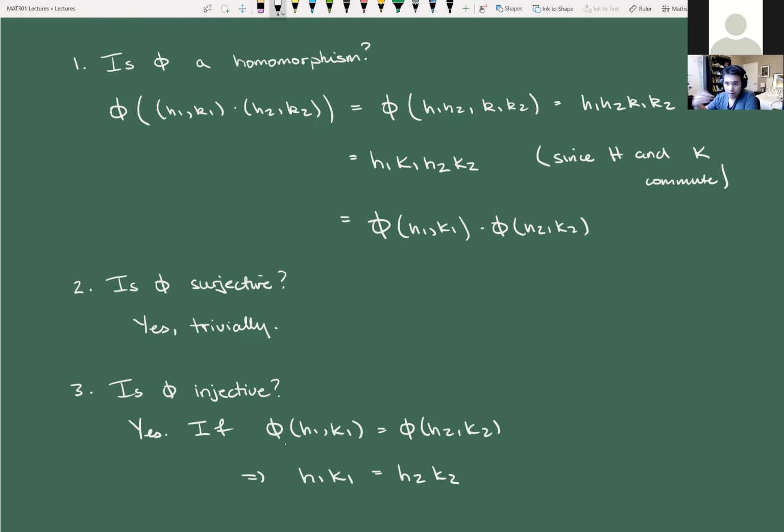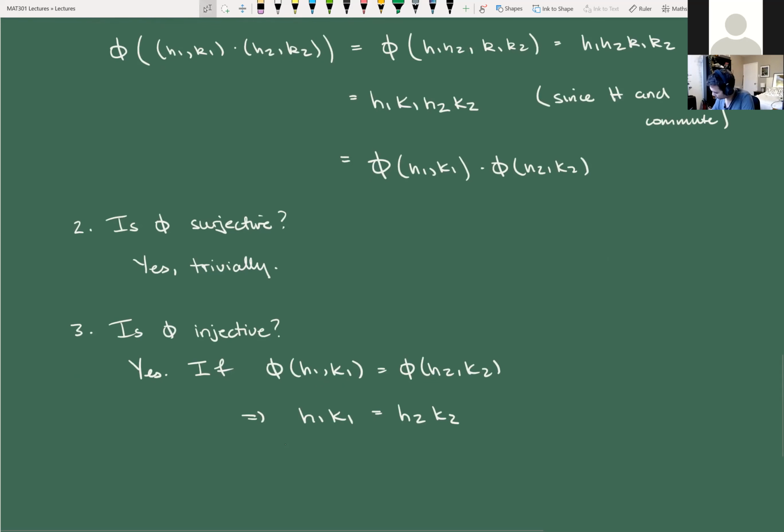But everything in the internal direct product is unique, so the only way these two things are equal is if h1 is equal to h2 and k1 is equal to k2, since the decomposition is unique.